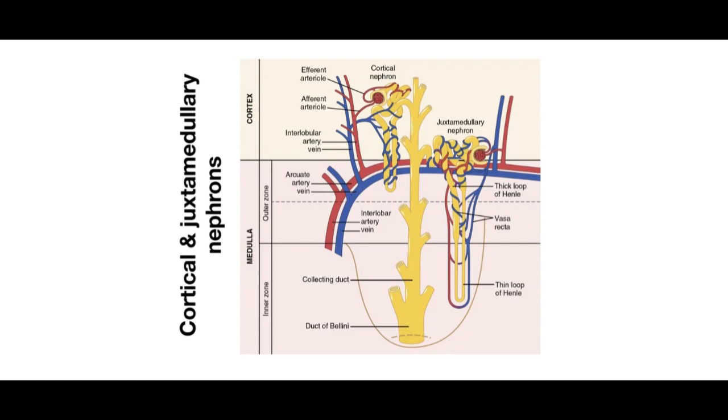Paratubular capillaries refer to all capillaries that are feeding the tubular portion of your nephron. But there's a unique term for the ones that run parallel to your juxtamedullary nephron. They're called the vasa recta. And they are going to be really important in producing highly concentrated or highly dilute urine.